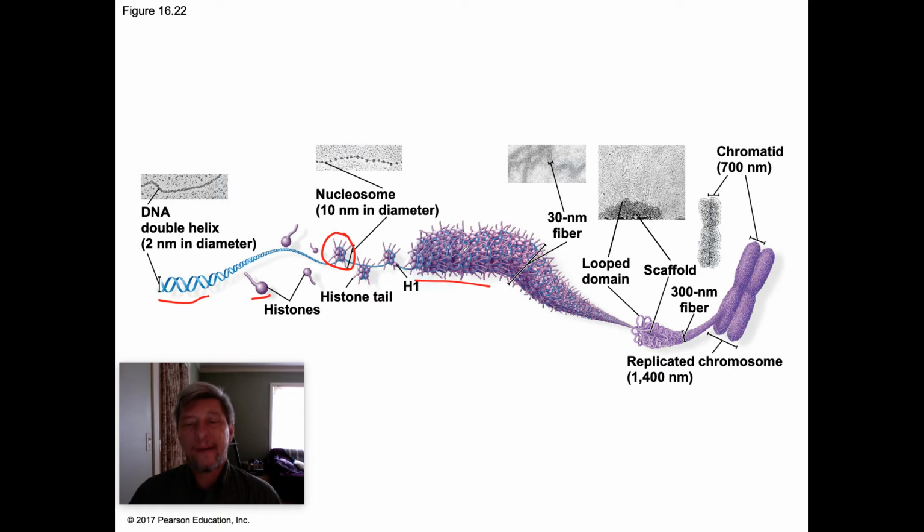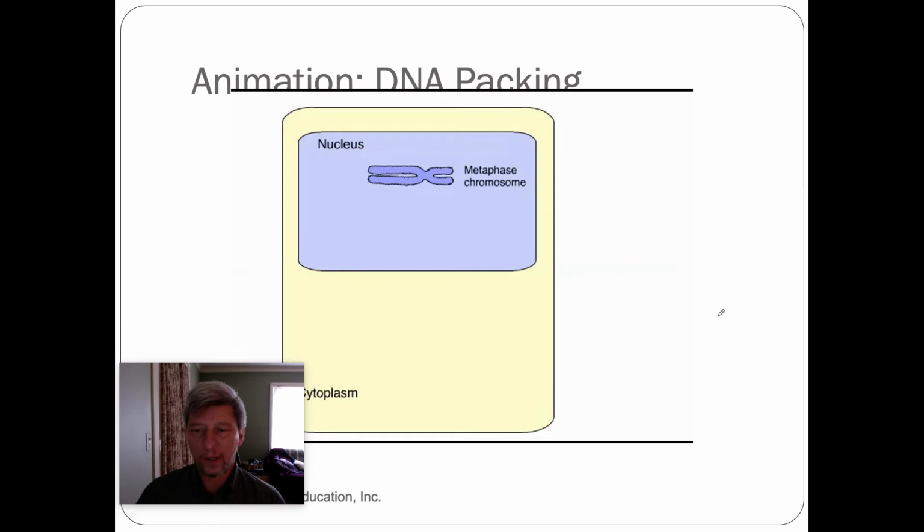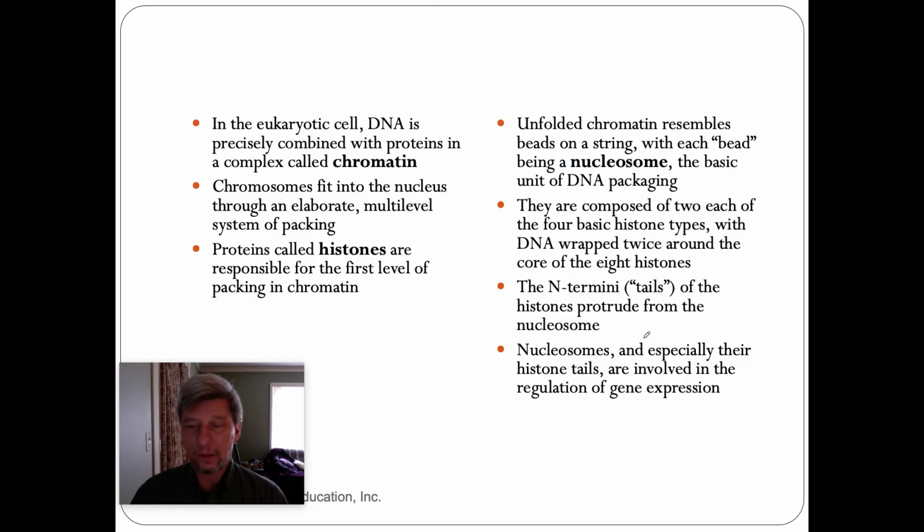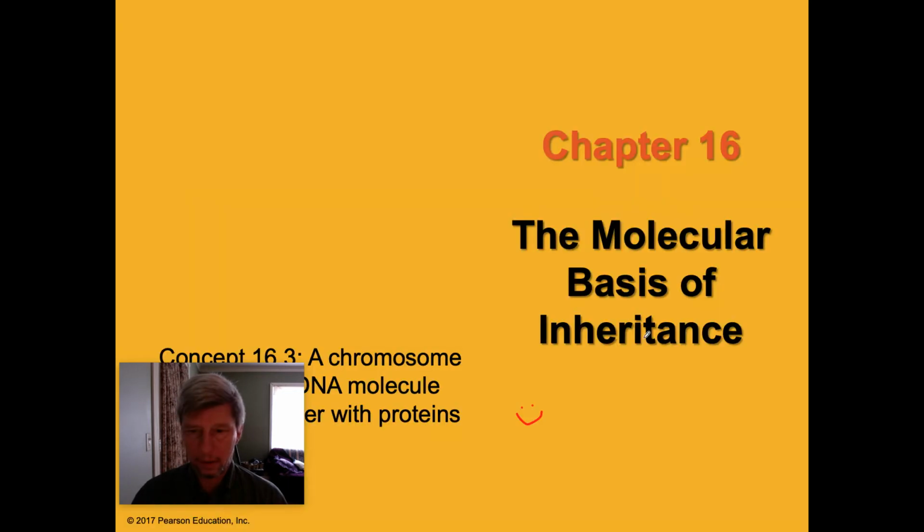Now, that fiber is then looped around what we call a scaffold. And so there's a central scaffold that runs right down this fiber. And you can see that this stuff is now found in loops here and here and here.